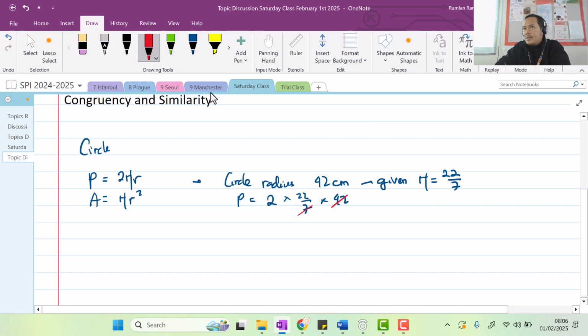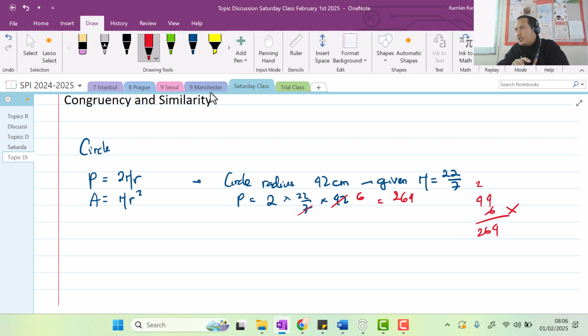What is 42 divided by 7? It's 6. Then 2 times 22 is 44, and 44 times 6 is 264. Most of the questions are multiple choice, so you don't really need to worry about the unit, but for essays, be careful with that.